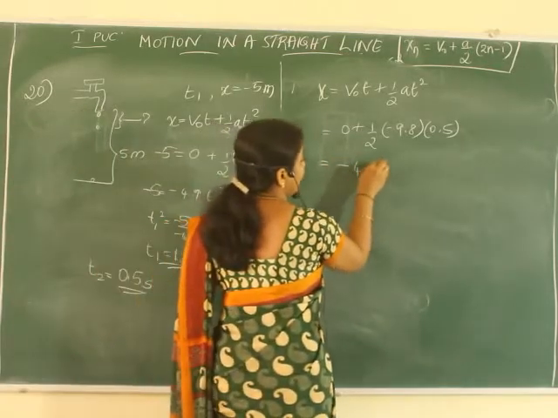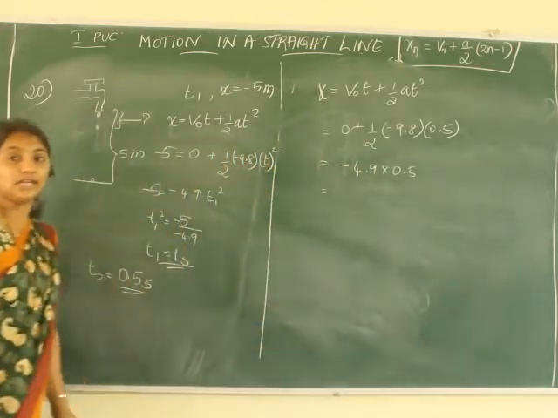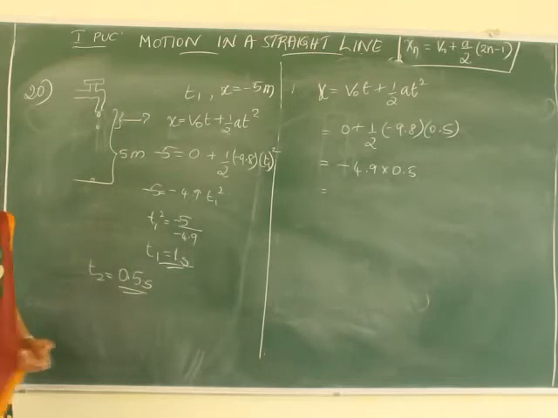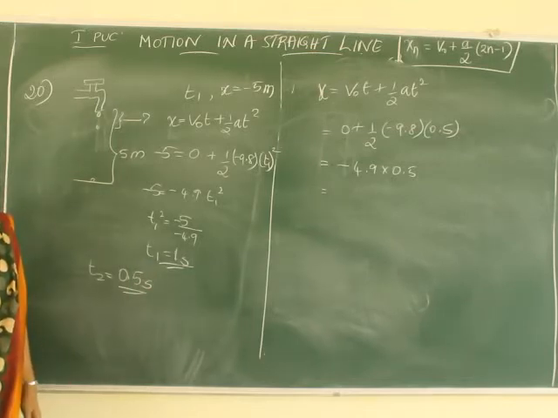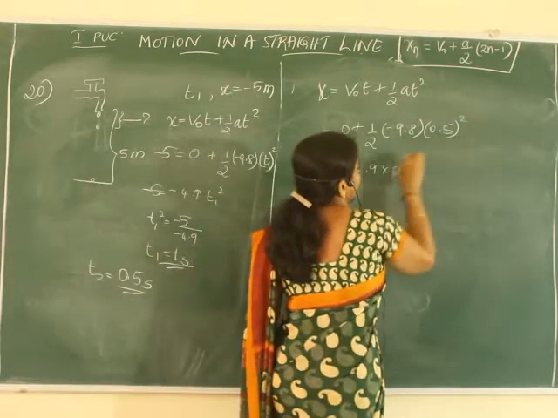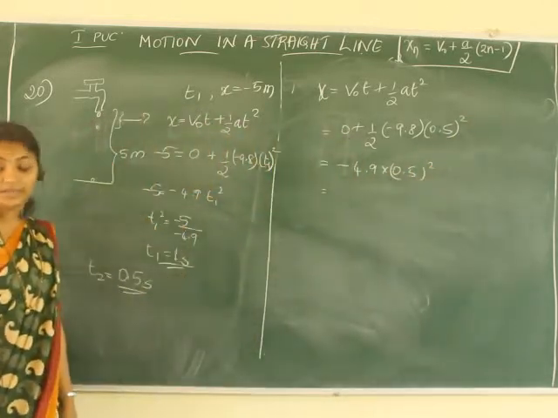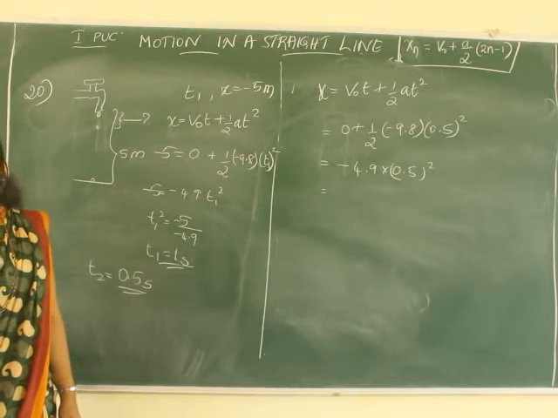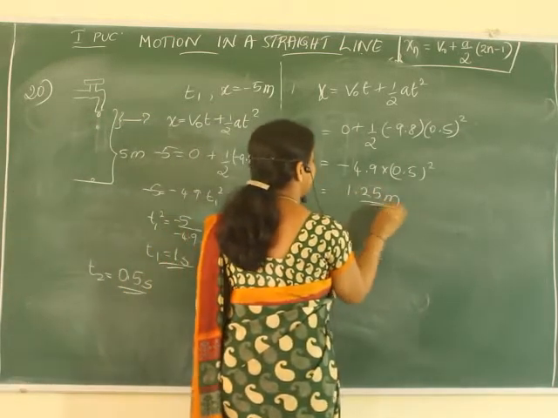So what is the answer? Minus 4.9 into 0.5. Take your calculator, solve it and give me the answer. What is the answer? Okay, sorry, you have to square it here, correct? Square it. I think you will get 1.25 meter.